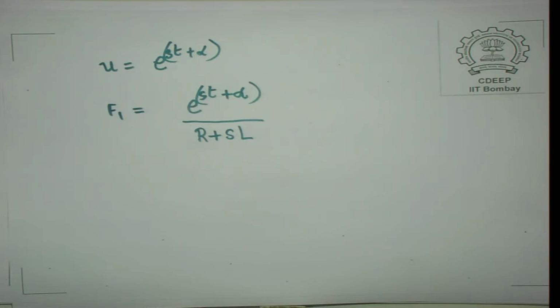In fact, if you put S is equal to 0, then you will get e raised to alpha, which is a constant, and in that case you will have e raised to alpha upon R, because S is equal to 0. In fact, that corresponds to the DC steady state response. You will simply get e raised to alpha divided by R if your input is e raised to alpha.